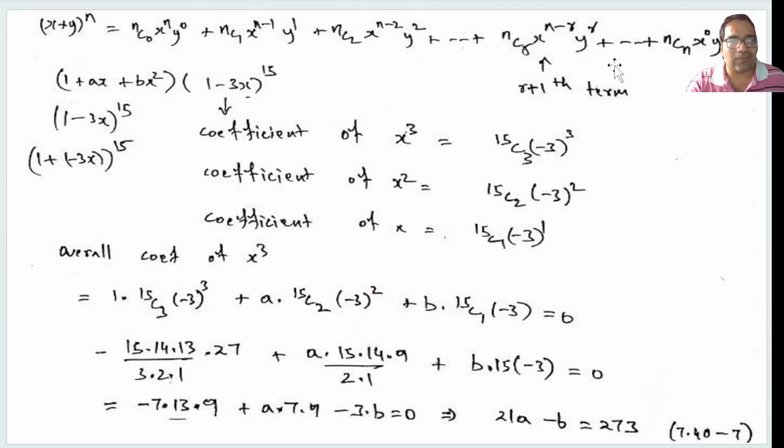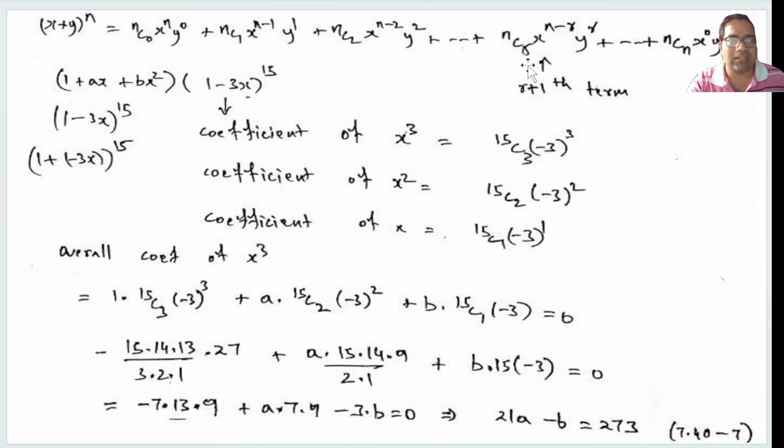Now, let us use this formula for (1 minus 3x) whole power 15. Let's note one more thing. What is the (r plus 1)th term? The (r plus 1)th term is nCr x power n minus r y power r. Please note this: x power n minus r and y power r.